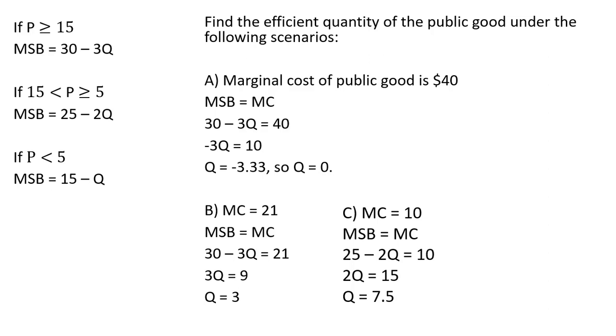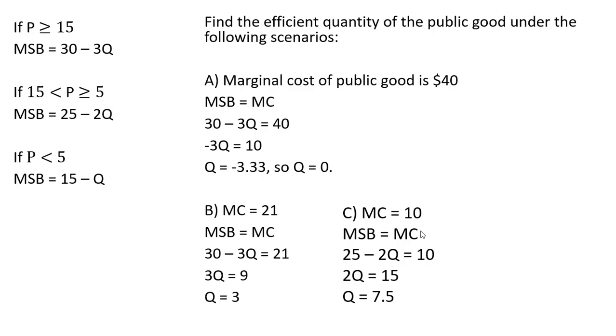Let's do a case where the marginal cost of providing the public good is $10. That will be in this range between 5 and 15. So we're going to set marginal cost equal to this marginal social benefit, and that's what I do here. Solving, the efficient provision here is 7.5 units.